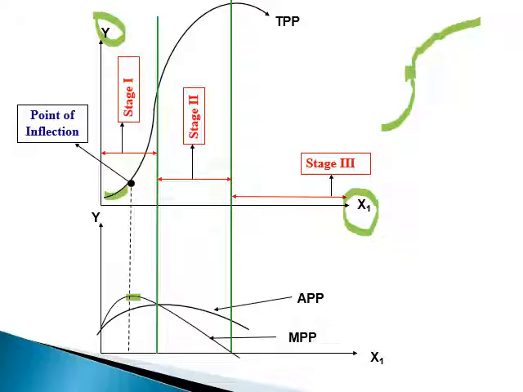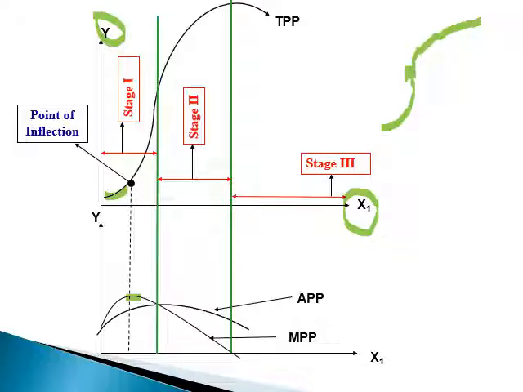So here, as you can see, before the inflection point output increases at an increasing rate, and then after the inflection point output increases at a decreasing rate all the way till it becomes maximum.